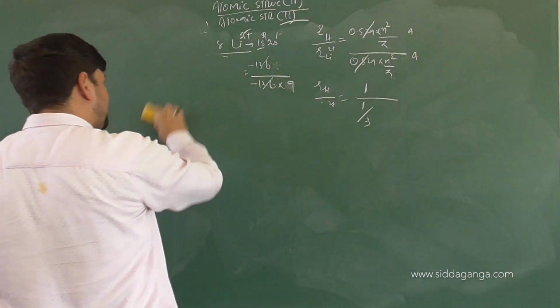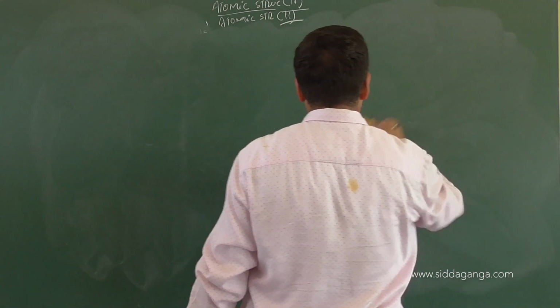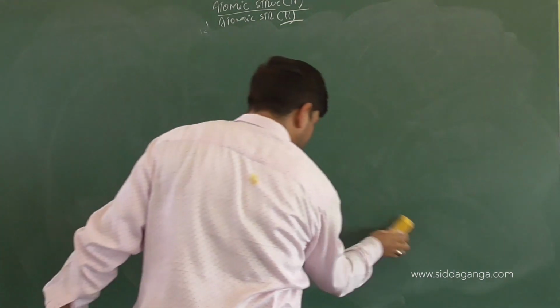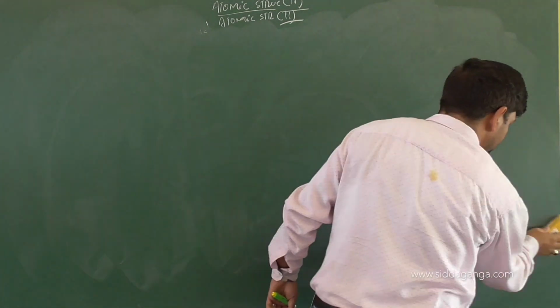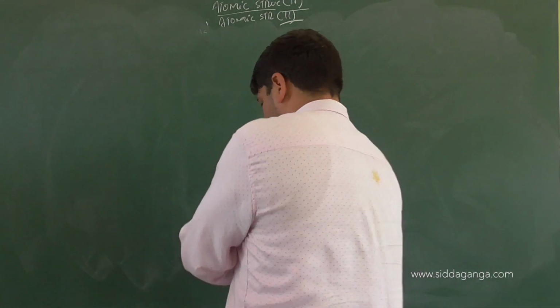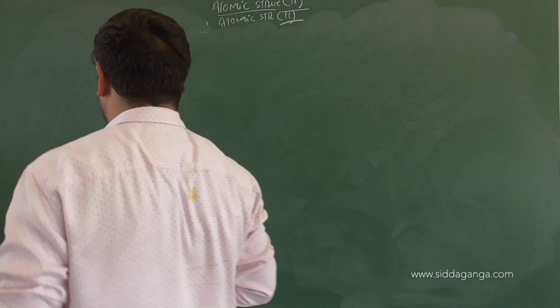Now, we will use the same energy concepts and explain the line spectrum of hydrogen, using Bohr's model.